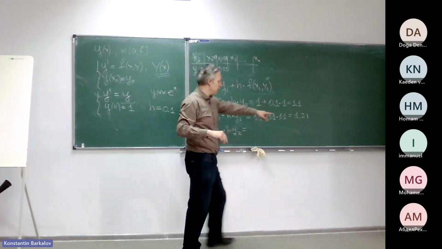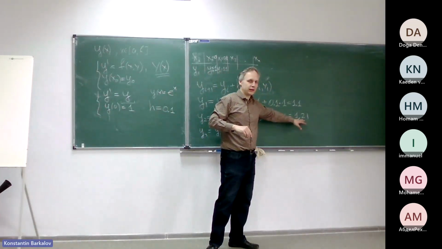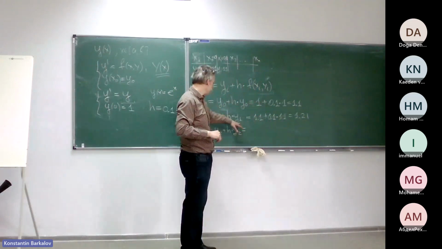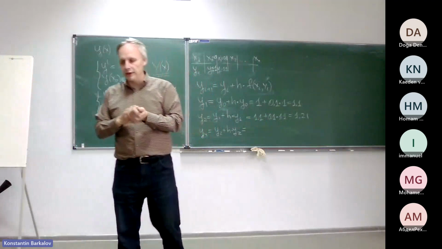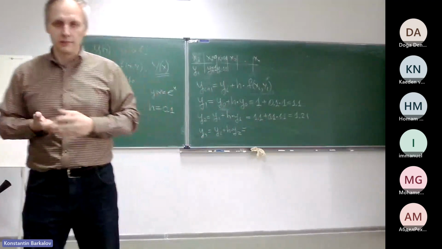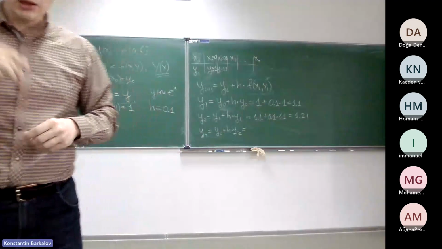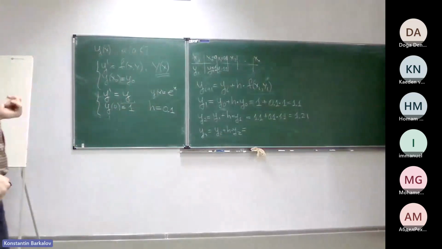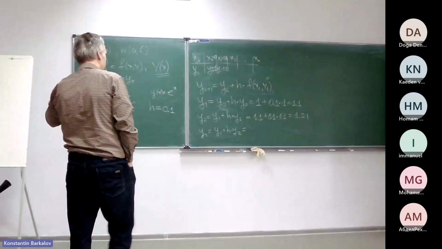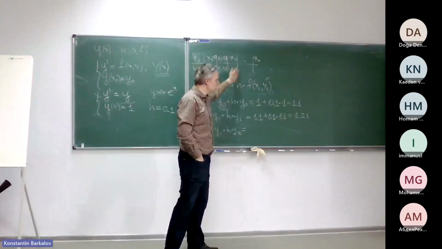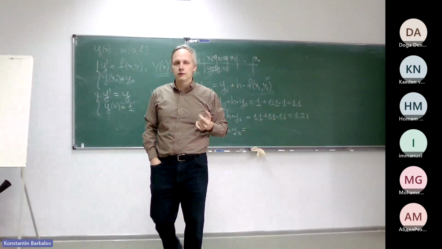You should substitute this value of y2 and h, and compute the value of y3. And so on, step by step, in this way we can fill this table and find the approximate solution to the unknown function.